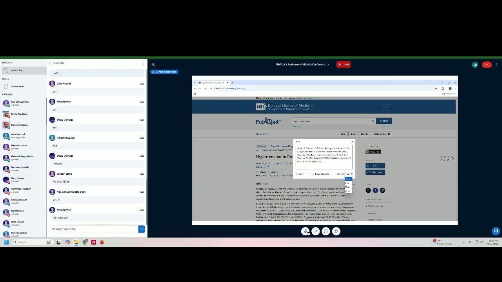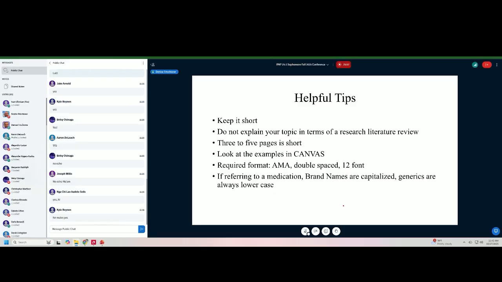And then you can see here that you can select AMA, and then it will format it for you. And all you have to do is cut and paste into your actual paper, and the formatting will be 100% correct. Work smarter, not harder. I like shortcuts that work.